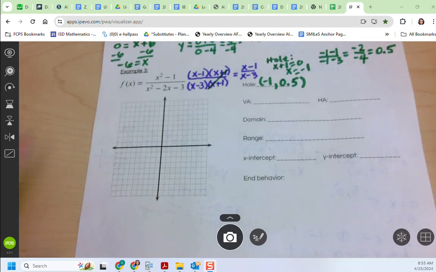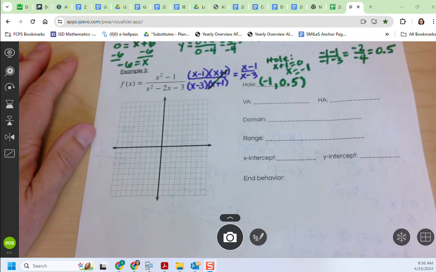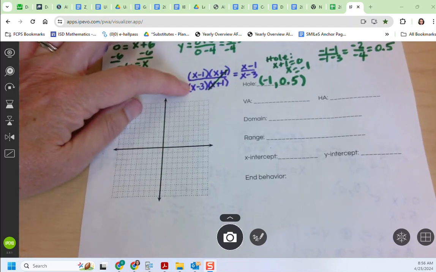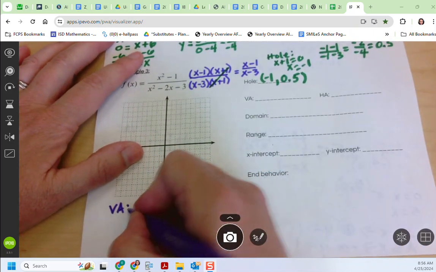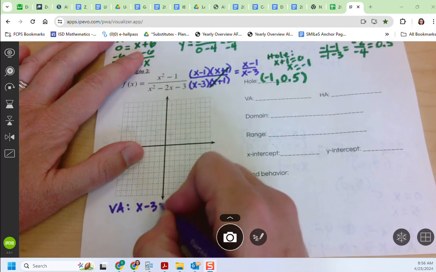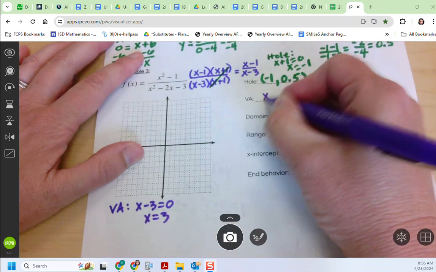All right, to find my vertical asymptote, I need to set which factor equal to 0? Yes, the one that's remaining in the denominator, which is the x minus 3. So vertical asymptote, x minus 3 equals 0, x equals 3.